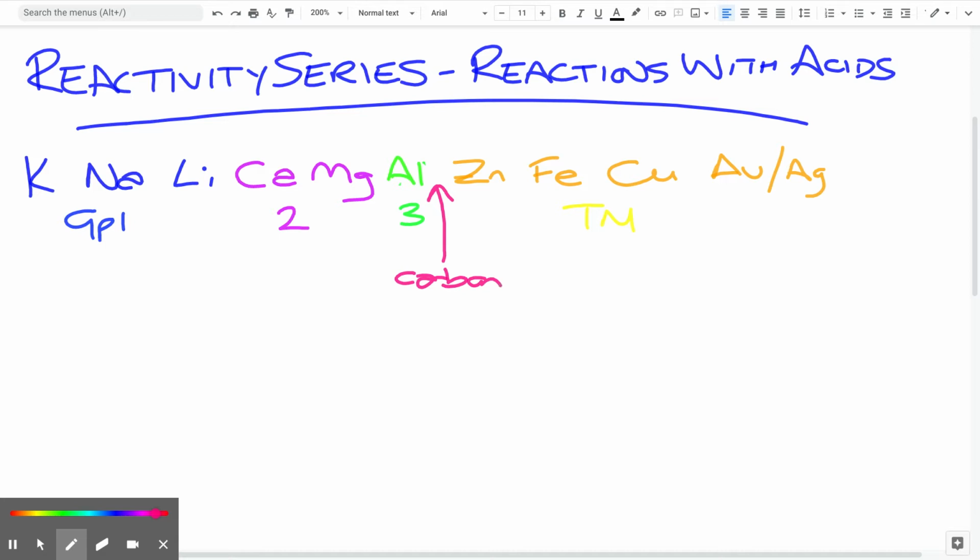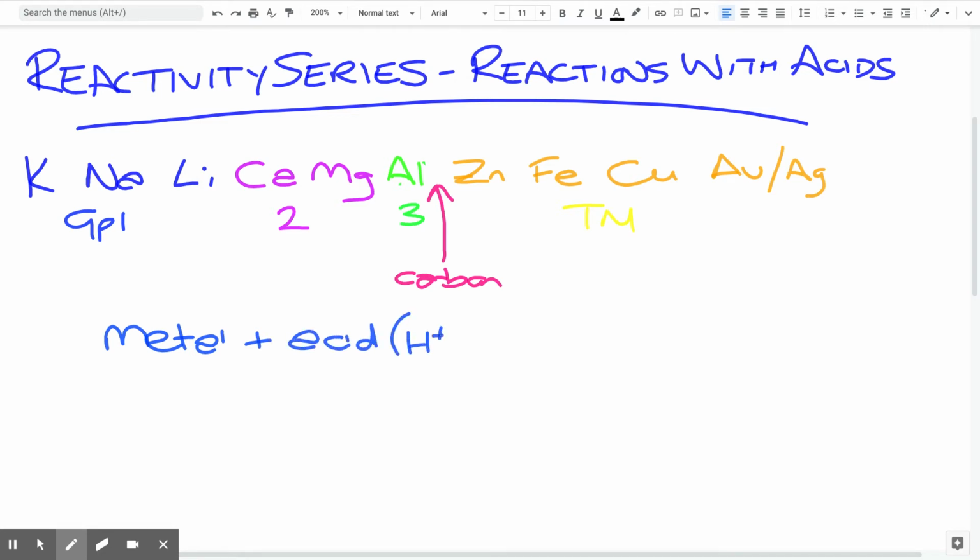But what we're going to do this time is try and insert hydrogen into this reactivity series as well. Again, this is a non-metal for the purposes of this, but we can look at the type of reaction that will occur between a metal and an acid, being a source of hydrogen, H plus ions essentially, which is a way of introducing hydrogen into the reactivity series by producing a salt and hydrogen gas as a byproduct.